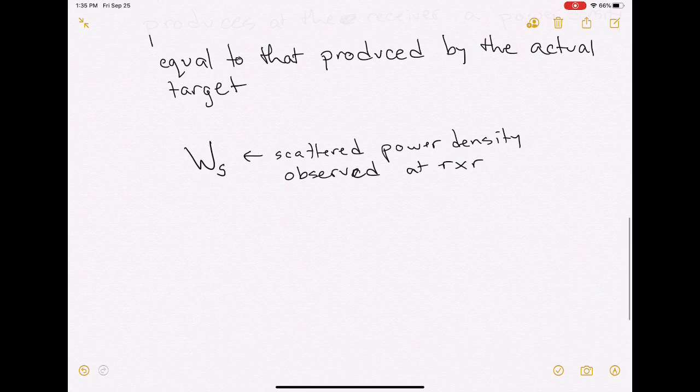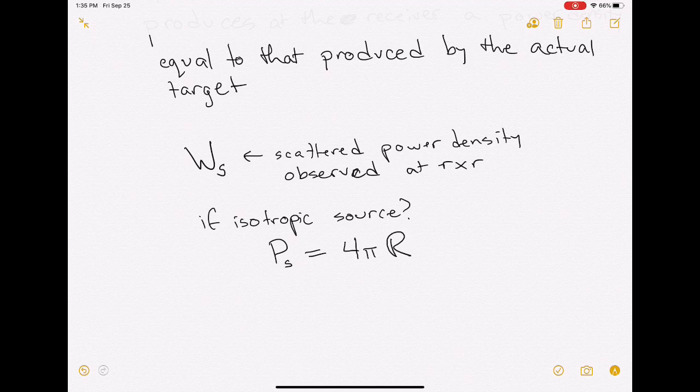Then, what if this came from an isotropic source? In that case, the total scattered power would be 4 pi r squared, where r here is the distance between the target and the receiver, times that observed power density.